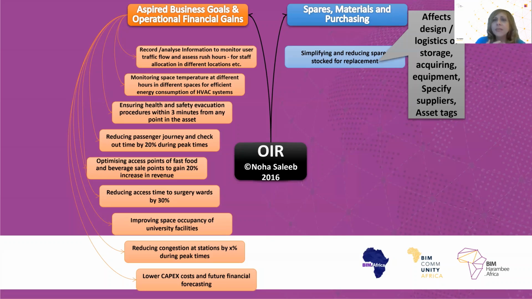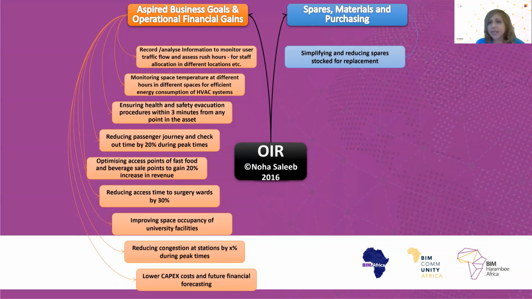These are all things that should be taken into consideration in building and maintaining the assets based on that particular business objective. Let's look at other business objectives related to spares and materials.